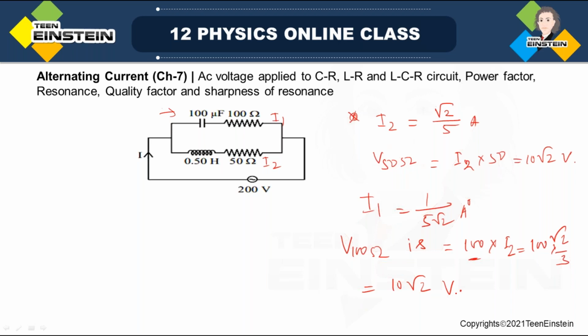Then you know what is the resultant I? I1 and I2 have a mutual phase difference of 90 degrees.